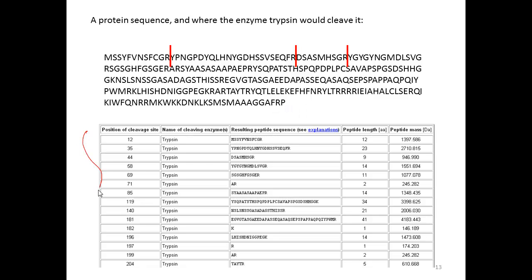And then here below, there are many online tools which will do in silico digests of a protein and will give you an idea of all the different peptides that would be produced after such a cleavage. And as you can see, there's a distribution of lengths and a distribution of peptide masses. And as we'll see in the third video, this is an essential part of interpreting mass spectrometry data, that being the in silico digestion of proteins based on known sequence.